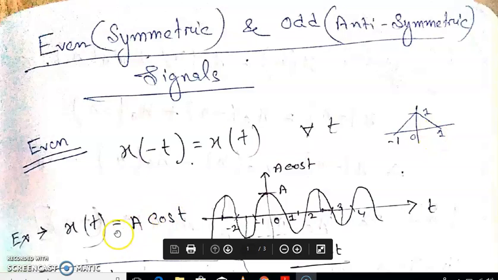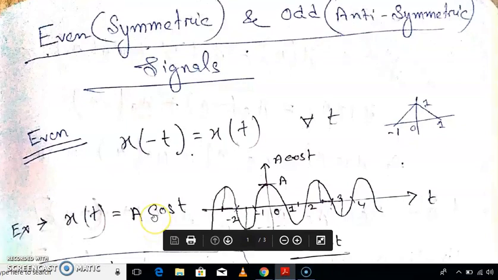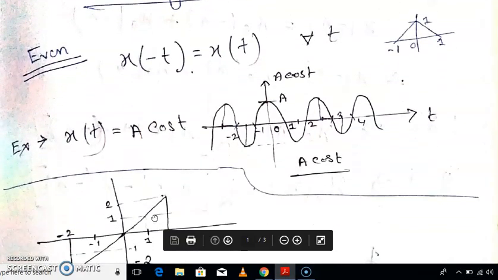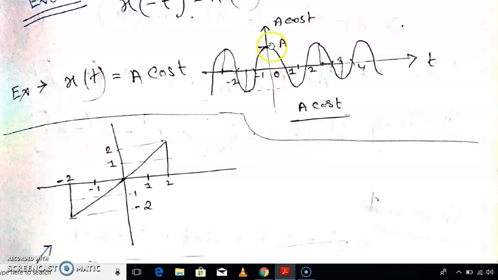Another example of an even signal is a cosine wave. For x of t equal to a cos t, that is also an even signal. Here you can see the signal starts from 0 with value a.